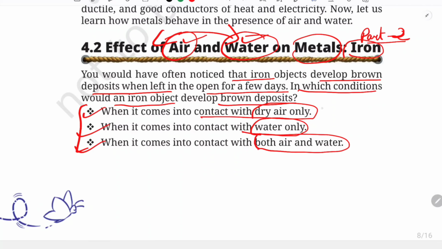So we are going to find out on which of these three statements the brown deposit is formed. For that, we are going to conduct an experiment.